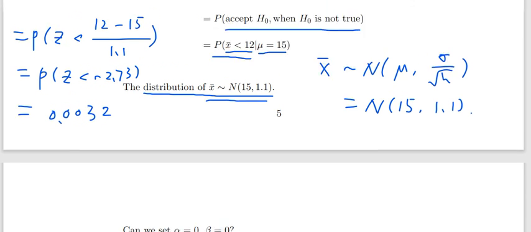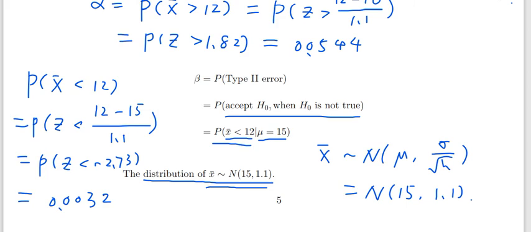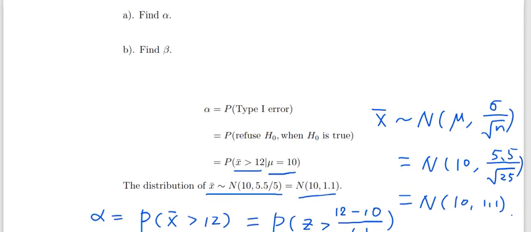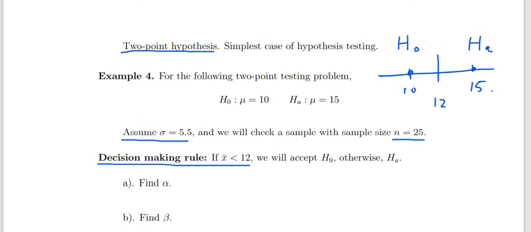So in such a situation, we can find alpha and beta, right? For this two-point distribution, we can find beta because when this is true, we know mu.